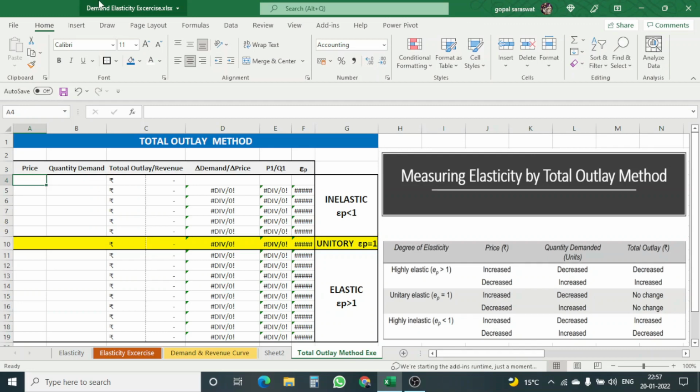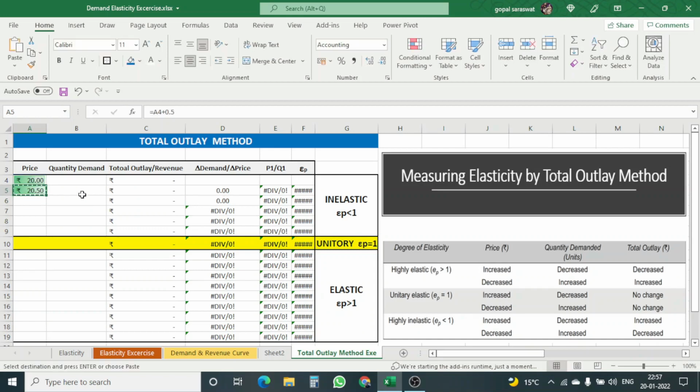Let's say the price of my current product is 20 rupees, and every time I want to increase the price by 50 paise. For doing this, I use previous price plus 50 paise.